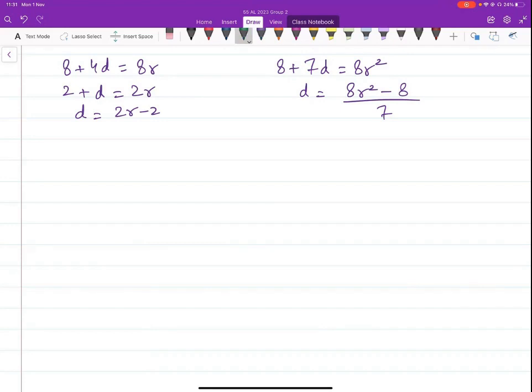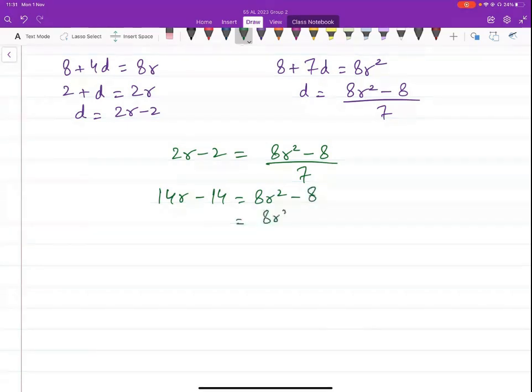Now we just equate them, and we get 2R minus 2 equals 8R square minus 8 over 7. It's a quadratic equation that you know how to solve. इसको solve कर लें. 14R minus 14 equals 8R square minus 8. And that gives us 8R square minus 14R plus 6 equals 0.